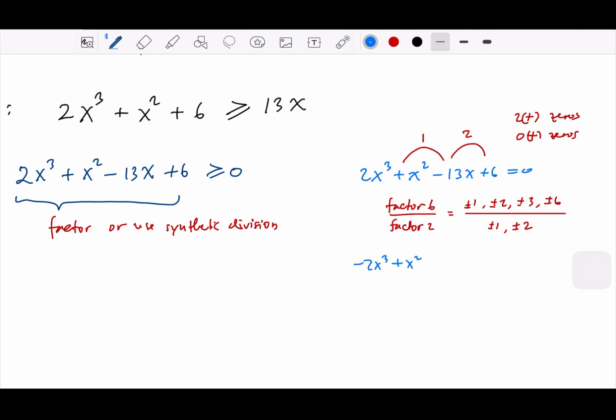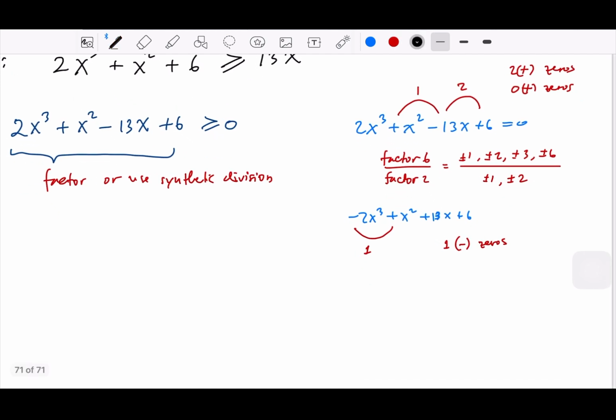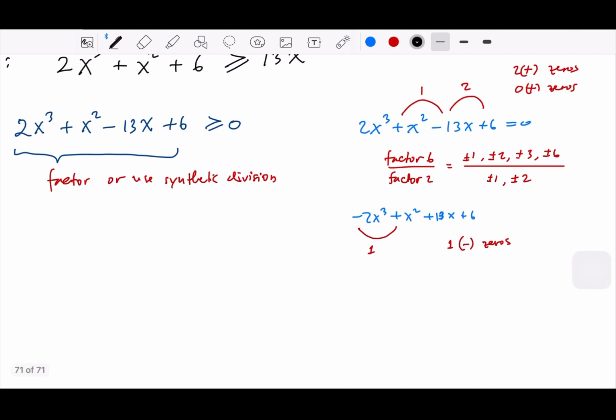And we now have 1 negative zero. So you could check using the same principles as before.